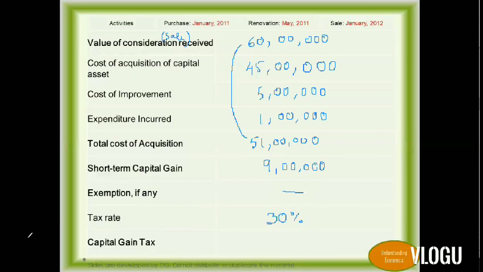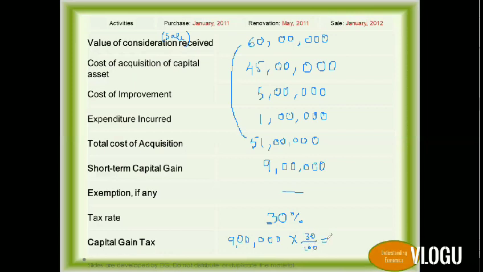And if we now calculate the capital gain tax, it will be the capital gain, that is 9 lakh, multiplied by the capital gain tax rate, which is 30%.